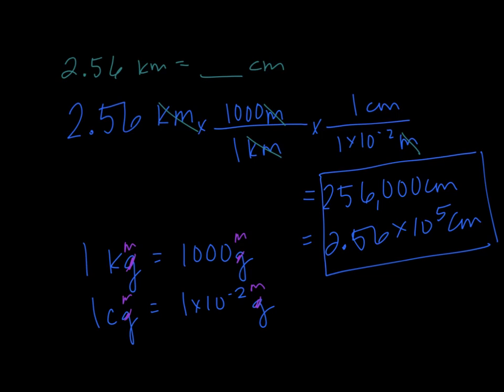And so make sure that you put in your calculator 2.56 times 1,000, and then divided by 0.01, or 1 times 10 to the negative 2. So you don't multiply by this second one, you're dividing by it because it's in the bottom, and you're multiplying by this one because it's in the top. All right, so now on to the next one.